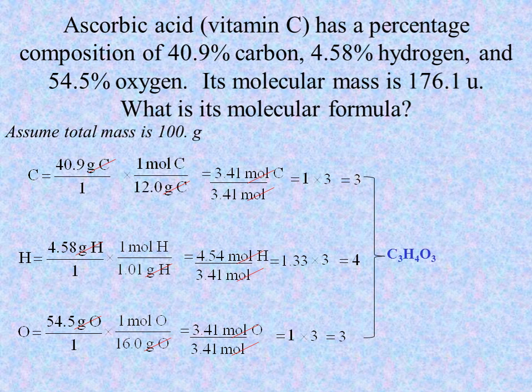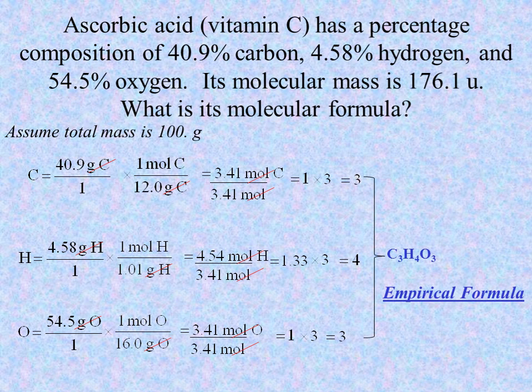And at this point, we take a moment, we pat ourselves on the back, we check our work, say, hey, we did good, we got the whole numbers we expected, but we need to remember that this formula is the empirical formula. It is the simplest ratio of carbon, hydrogen, and oxygen to one another for ascorbic acid. It is not necessarily, though it could be, but it is not necessarily guaranteed to be the molecular formula.